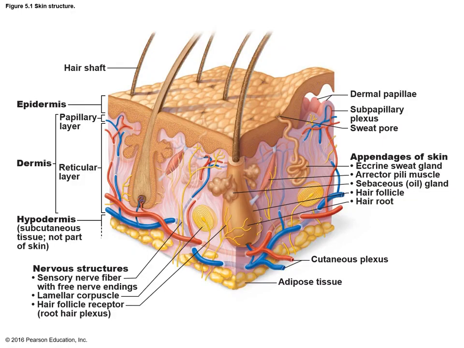So when we look at this diagram, we can see the epidermis is listed here. It is this uppermost superficial layer, as we just said, and then beneath that is the dermis. Now the dermis is divided into two layers, the papillary layer and the reticular layer.